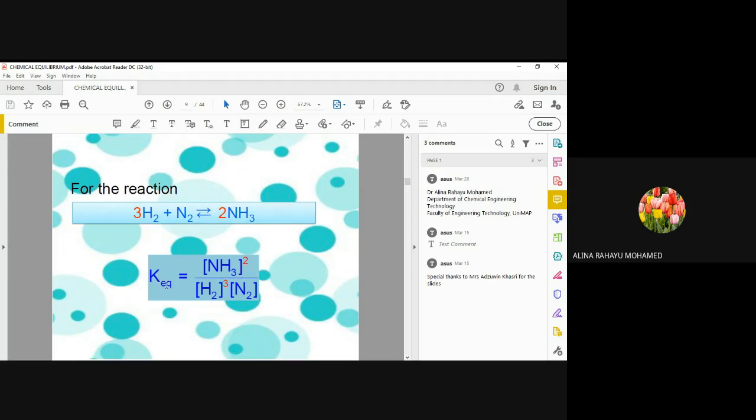So KEQ for this equation equals the concentration of NH3 to the power of 2 over the concentration of H2 to the power of 3 times the concentration of nitrogen to the power of 1.